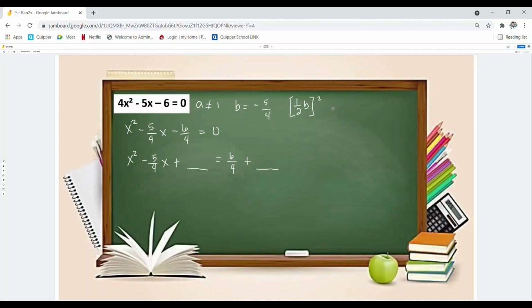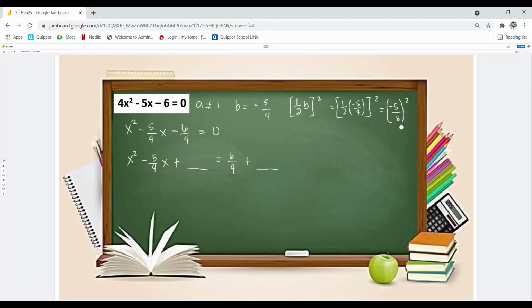That's what you're going to use all the time to get the third term here. Since our b is negative 5/4, you're going to have that negative 5/4 and then raise it to 2. Therefore you have negative 5 over 8, because you're going to multiply 2 times 4. 1 times negative 5 is negative 5, and then you raise it to the second power.